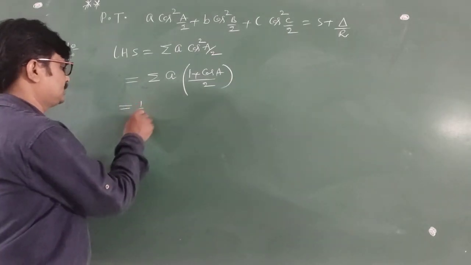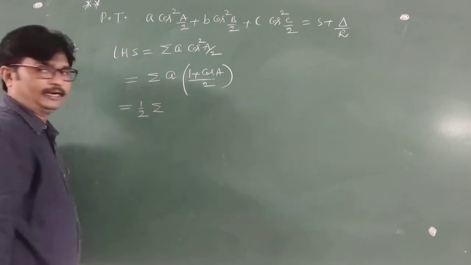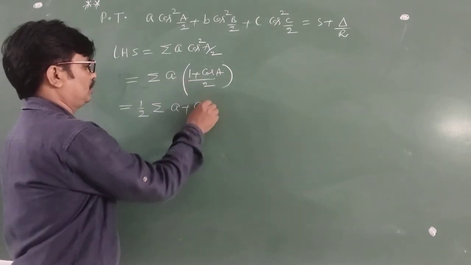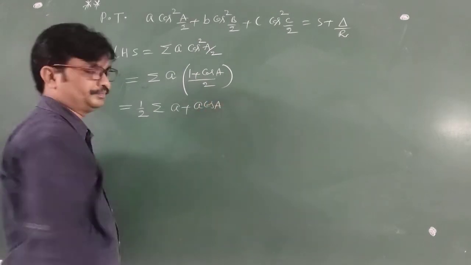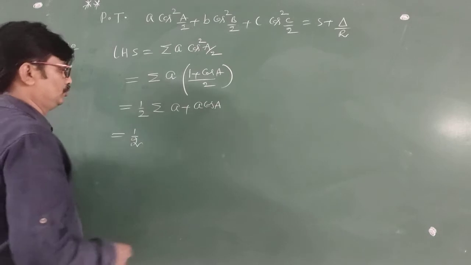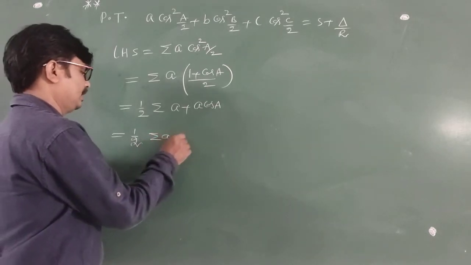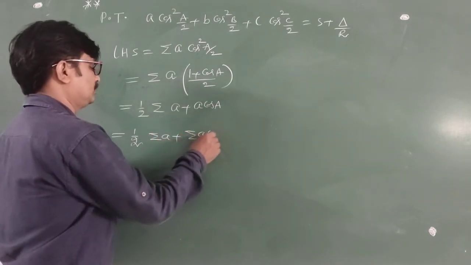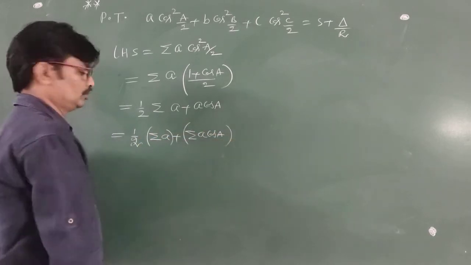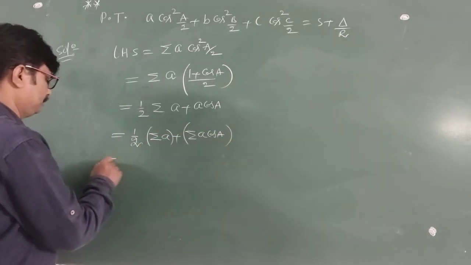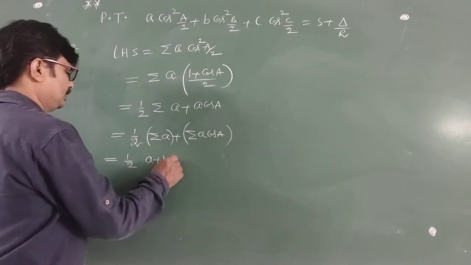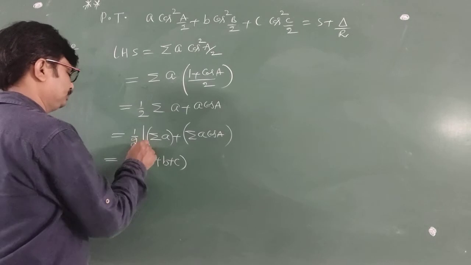My dear students, that is 1/2 sigma a plus a cos A, that is 1/2 into sigma a plus sigma a cos A. So 1/2 into sigma a is a plus b plus c.